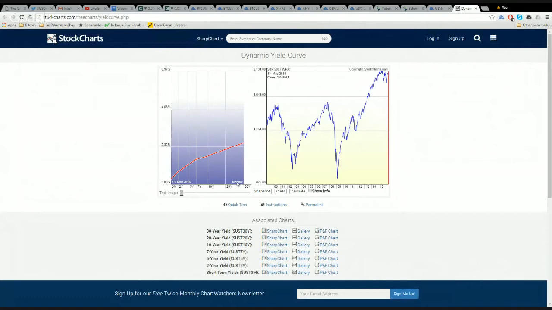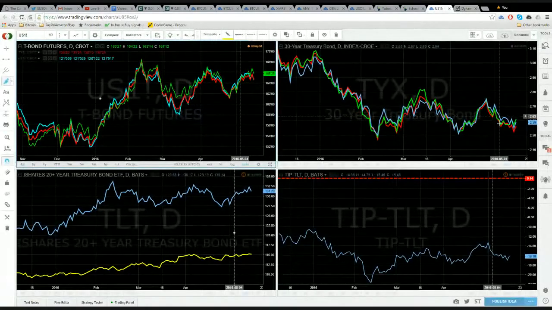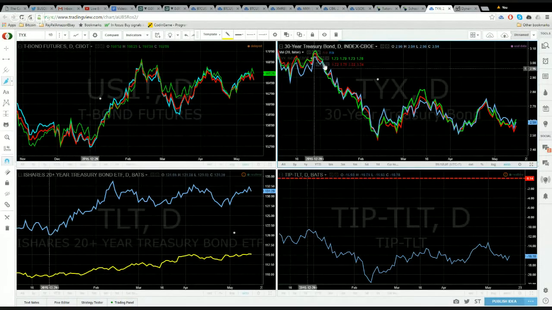And you'll notice that the yield curve, in essence, is the relationship between these different yields. The yellow is 5-year, the red is 10-year, and the blue is the 30-year.